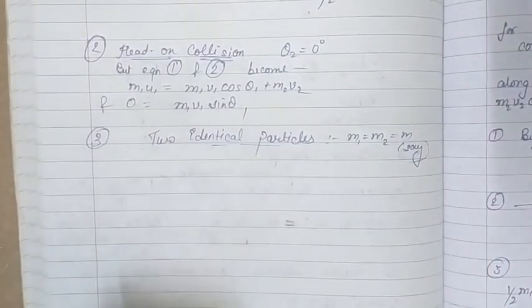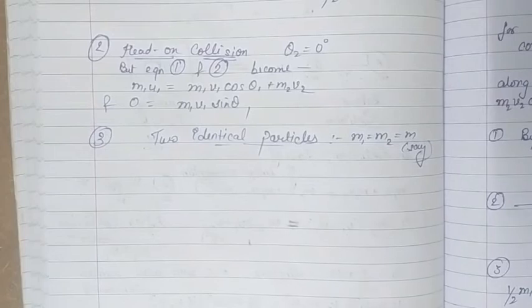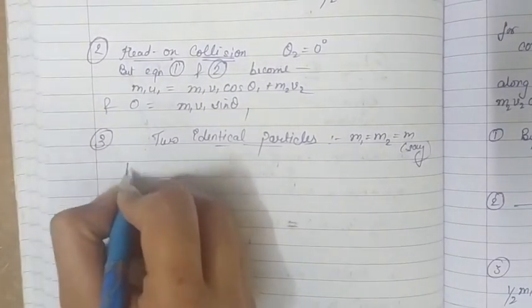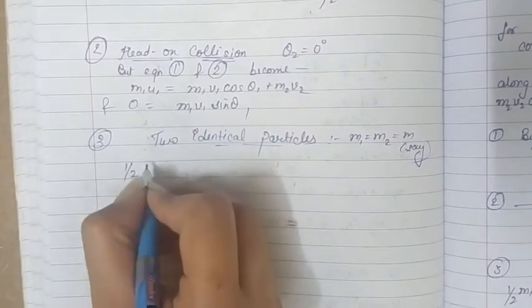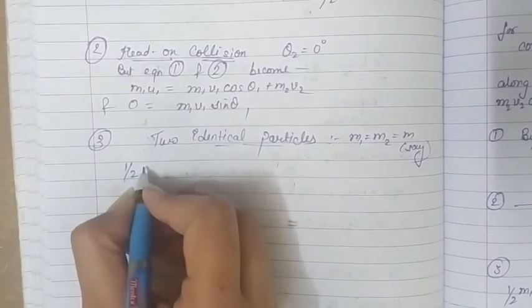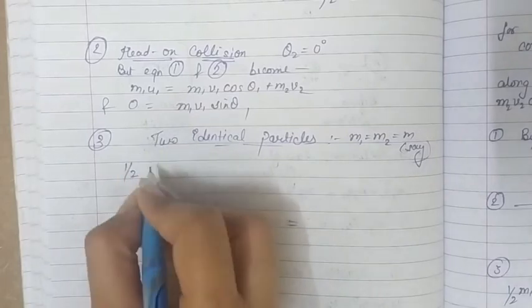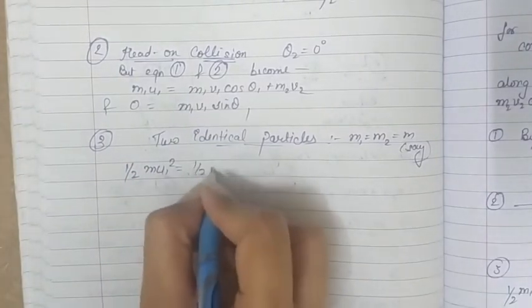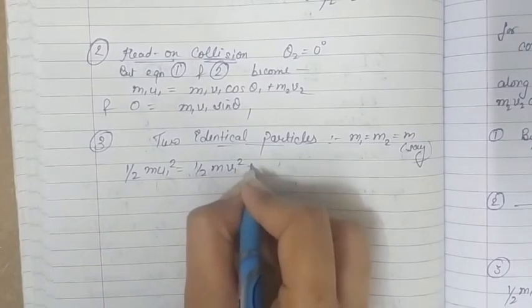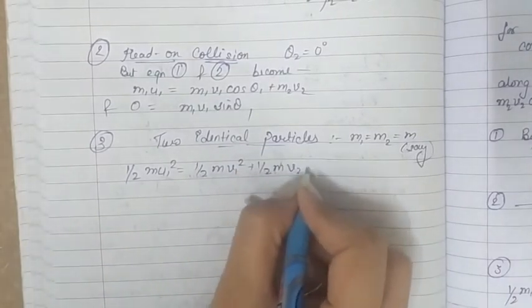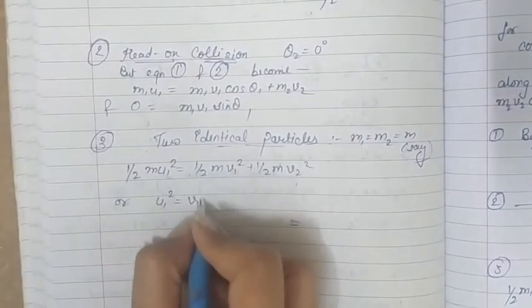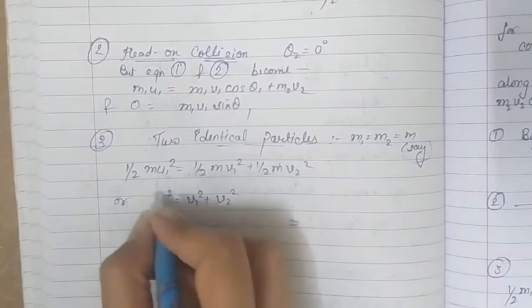Then in that case, by the conservation of kinetic energy for elastic collision, we put m1 is equal to m2 is equal to m, then we get half m u1 square is equal to half m v1 square plus half m v2 square, or if we solve it we get u1 square is equal to v1 square plus v2 square.